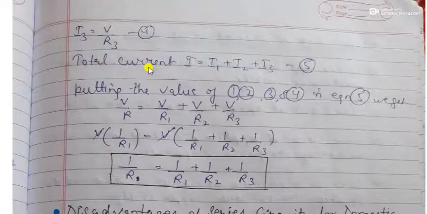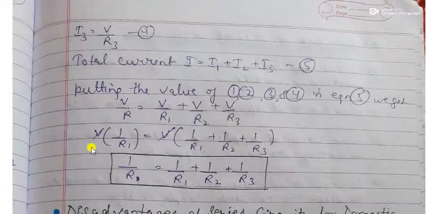Now the total current of the circuit will be obtained by adding the individual currents. I = I1 + I2 + I3. Now we will put the values of equations 1, 2, 3, 4 in equation 5 and we will get V/R = V/R1 + V/R2 + V/R3.